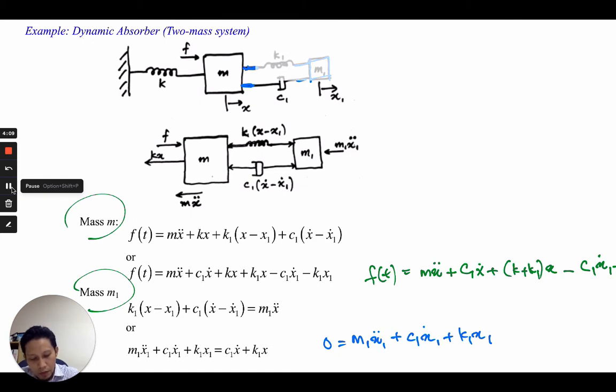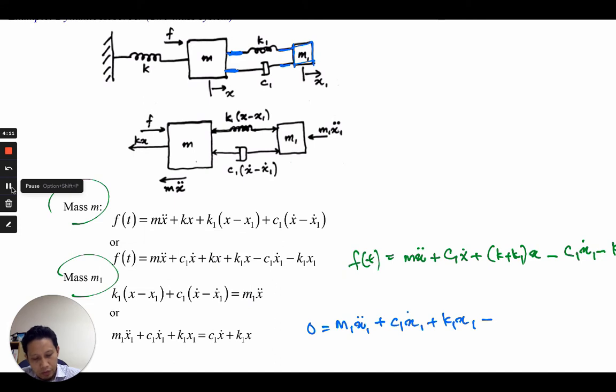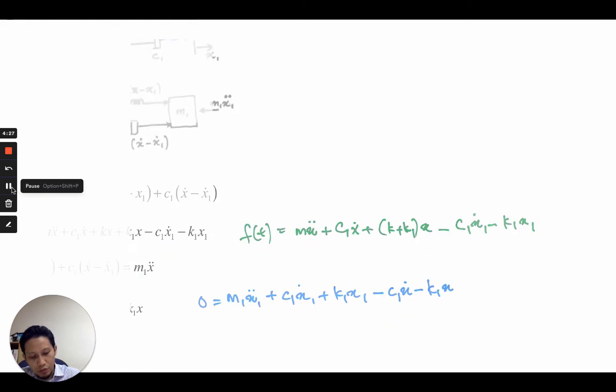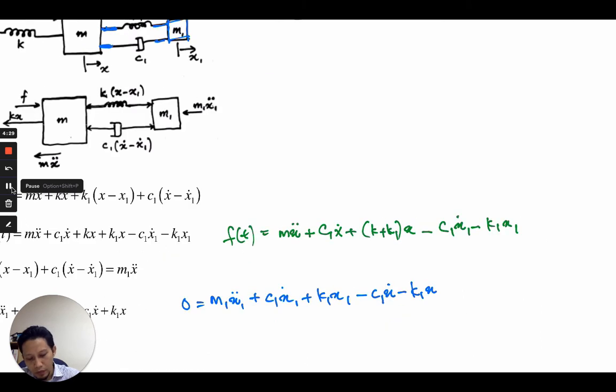So we minus the damper C1 x dot minus K1 x. So we already have come up with two equations here. This is the first and this is the second one. All right, so what's next?